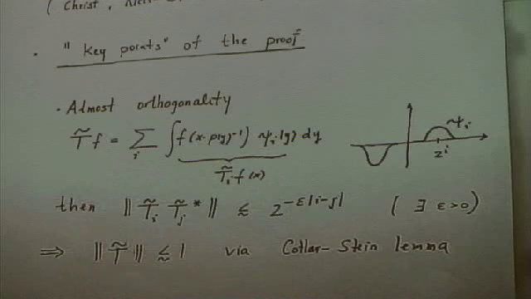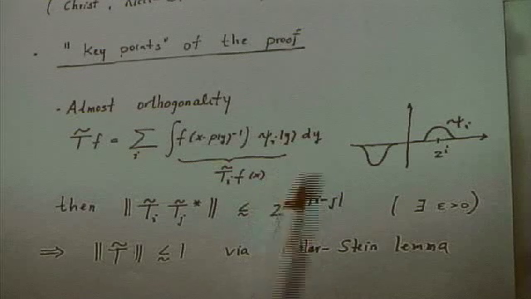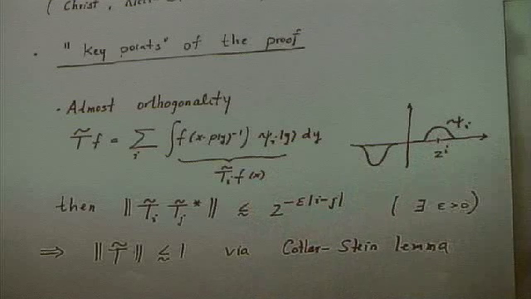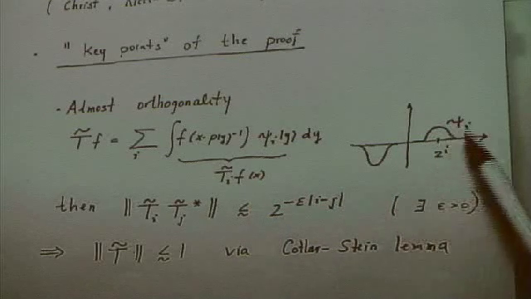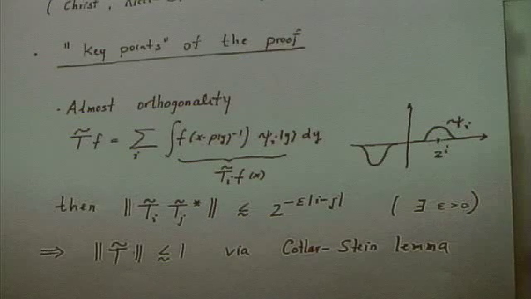And one way to show, say, just the L2 boundedness of such an operator is first to decompose the singular kernel 1 over y into odd functions, psi of i, where psi of i is just the appropriate scale of an odd bump function supported near 1 and minus 1.